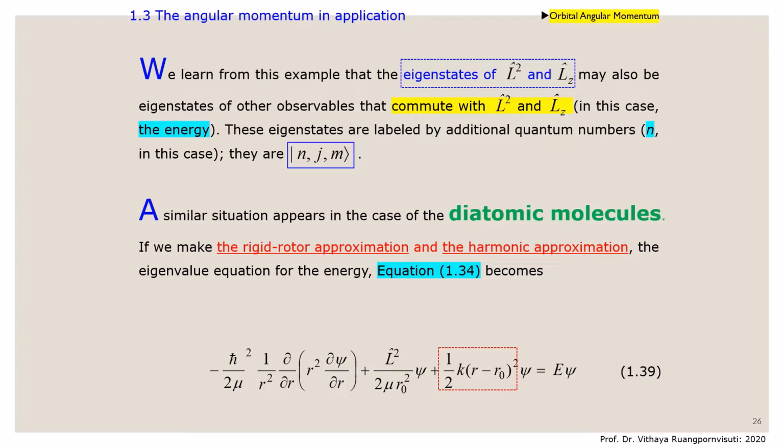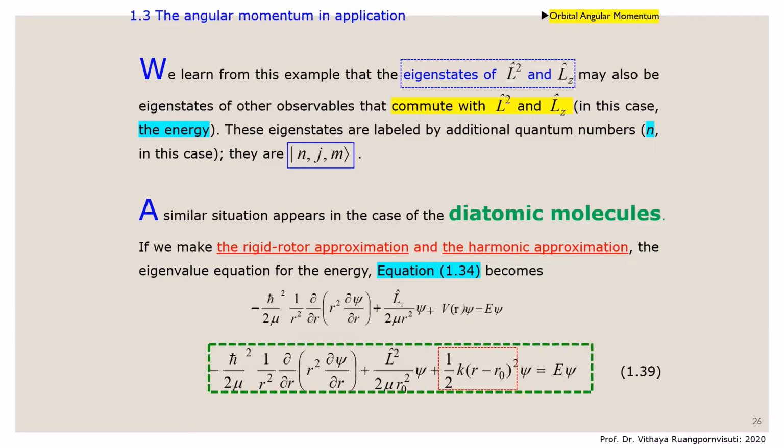A similar situation appears in the case of diatomic molecules. If we make the rigid rotor approximation and the harmonic approximation, the eigenvalue equation for the energy in equation 1.34 becomes equation 1.39.